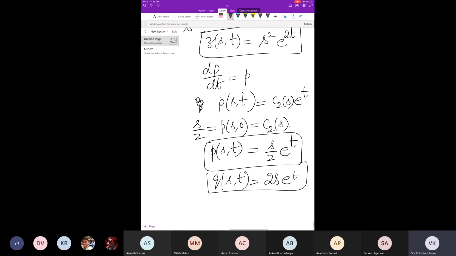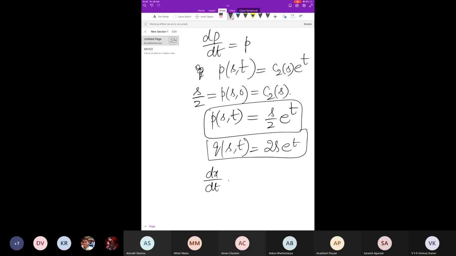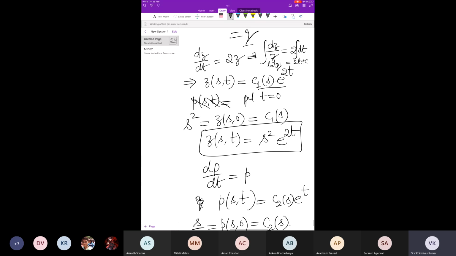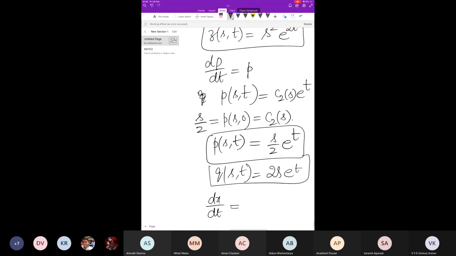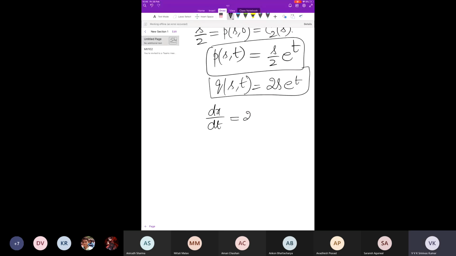And now come to the equation dx by dt. Is FP, what is that FP here? What is the first equation? Dx by dt is equal to Q. Q is this one. Now integrate. XST is equal to 2s exponential t plus constant C3 of s. Now put t is equal to 0.